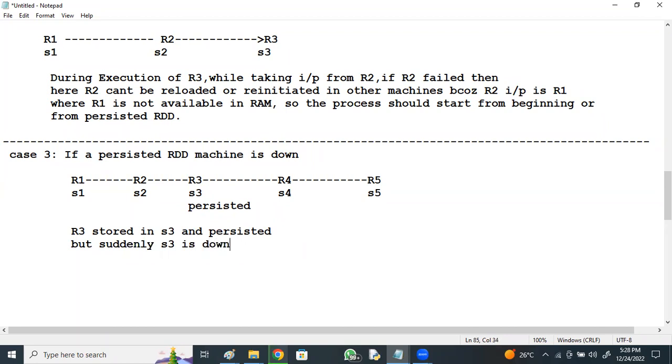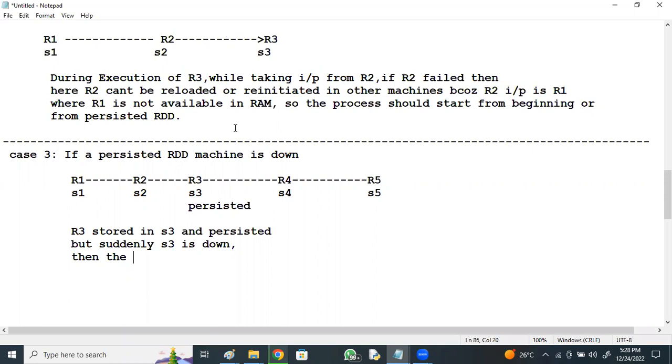R3 is stored in slave 3 and persisted, and R3 is available in the RAM. But suddenly the S3 machine is down. Only the persisted RDD machine is down.